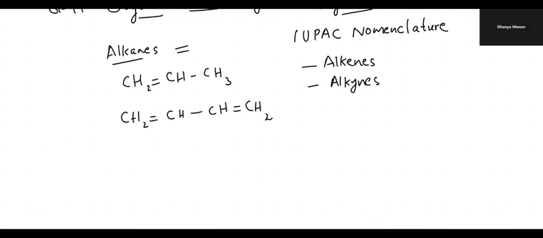Carbon also can form triple bonds. And when they form triple bonds, it is called as alkynes. So this is an example of an alkyne where there is carbon-carbon triple bond.